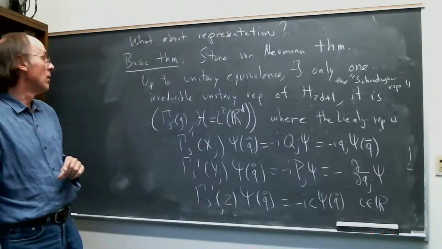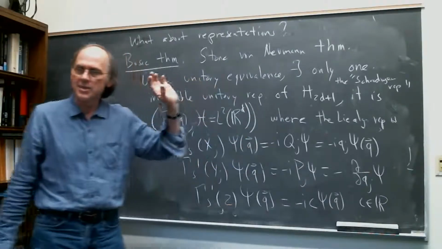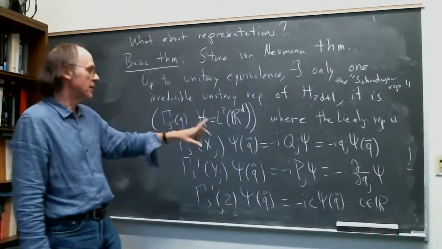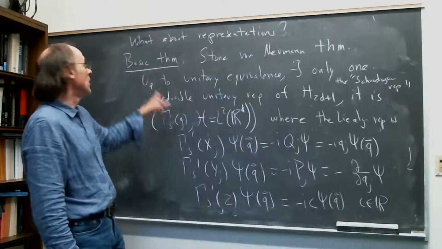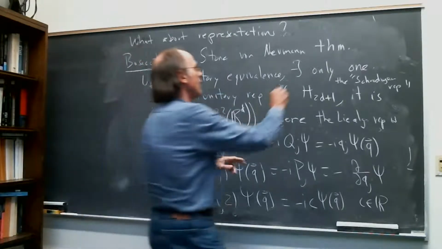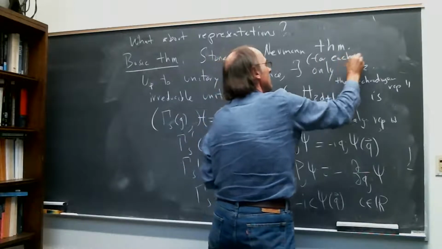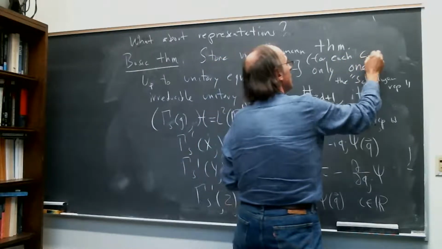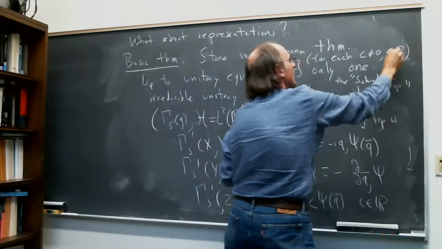To say this a little differently, up to unitary equivalence, there exists one for each c not equal to 0, a real number.